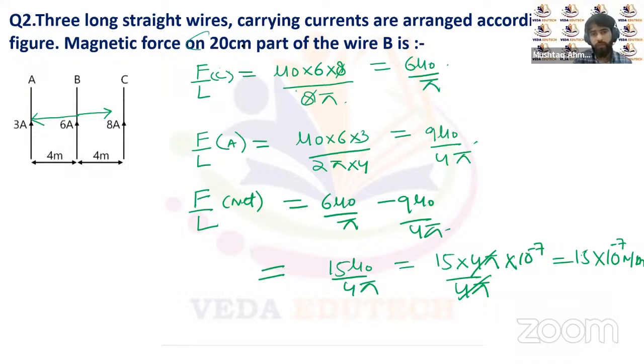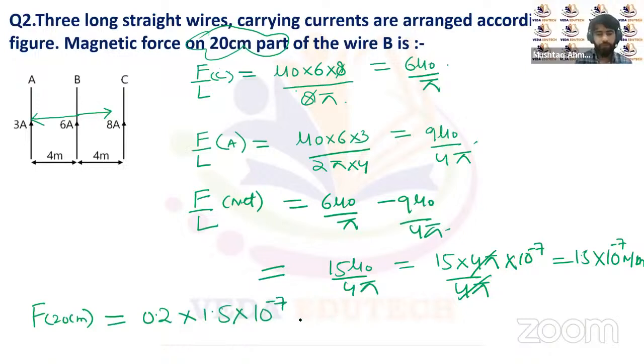But we have to find the net force on the 20 centimeter part. If force per unit length is 1.5 into 10 to the power minus 7, for the 20 centimeter part we'll just multiply it with 0.2 meters.